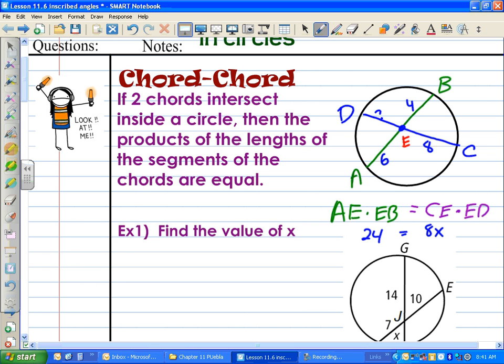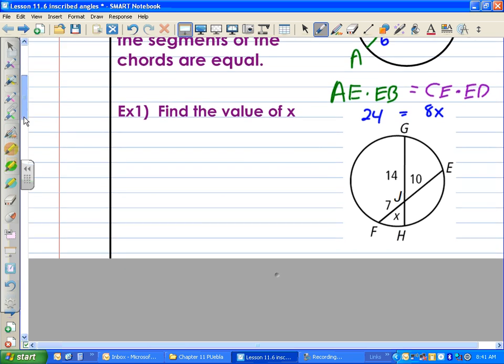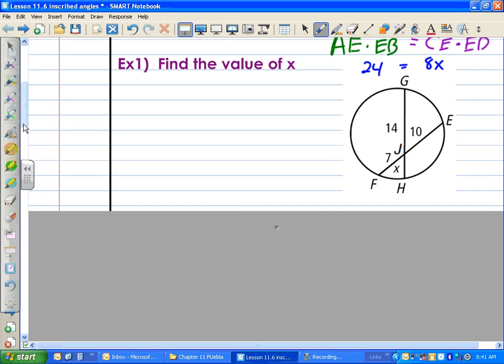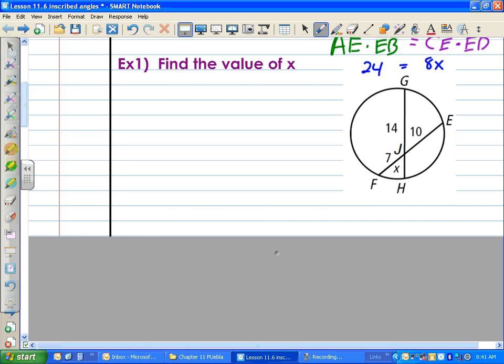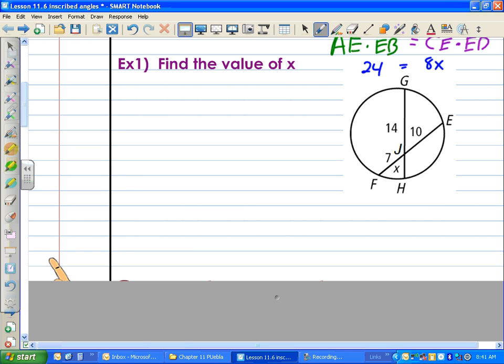Hopefully you remember. It's pretty easy. What's the answer?